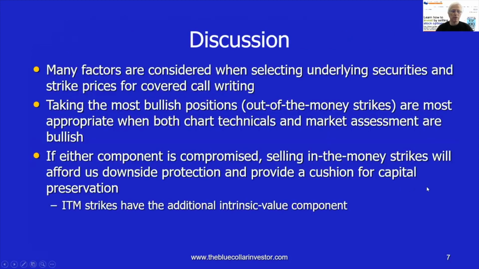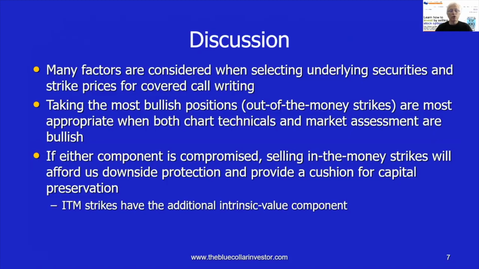So let's summarize. There are many factors that we should consider when selecting certain underlying securities, and the strike prices for covered call writing. Same thing would apply to put selling also, based on chart technicals and overall market assessment. We would take the more bullish positions, basically out of the money strikes, when both chart technicals and market assessment are bullish. In this particular case, we only had half of that.